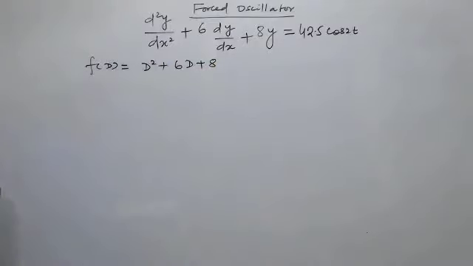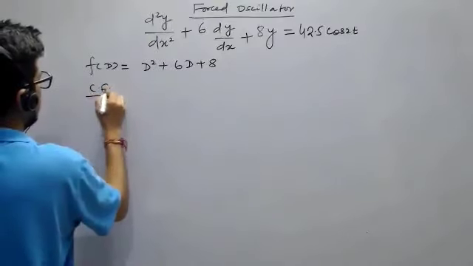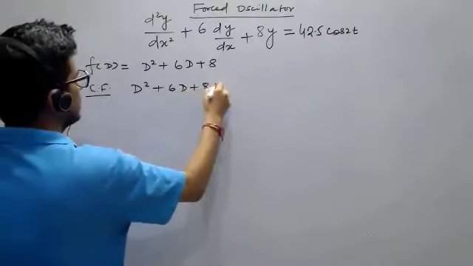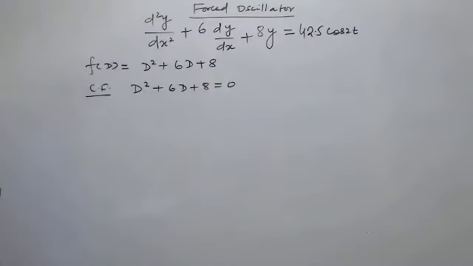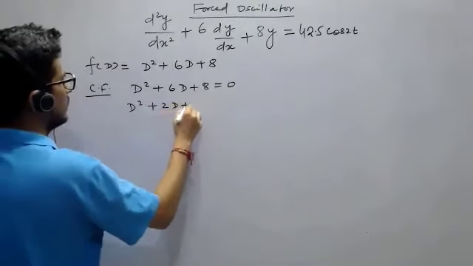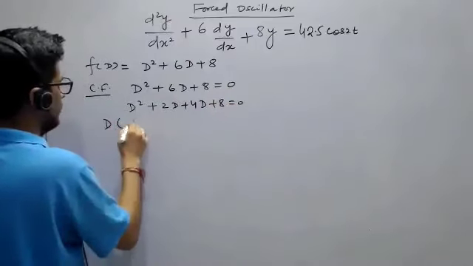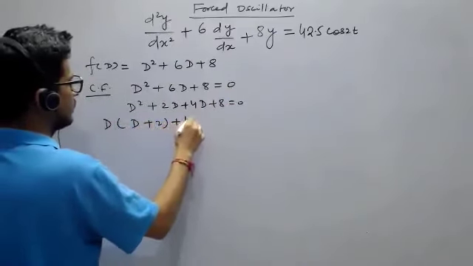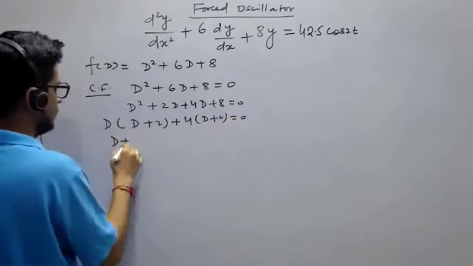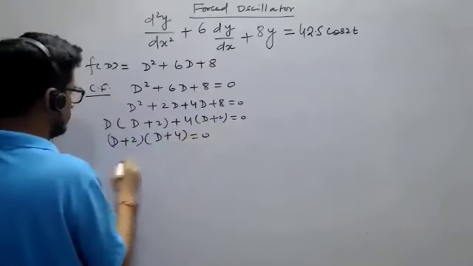Yes. So for the complementary function, what do we have to do? First let's calculate the CF. So I will write D square plus 6D plus 8 is equal to 0. So D square plus 2D plus 4D plus 8 is equal to 0. D common, D plus 2, plus 4 common, D plus 2 is equal to 0. So it will become D plus 2 and D plus 4 is equal to 0.